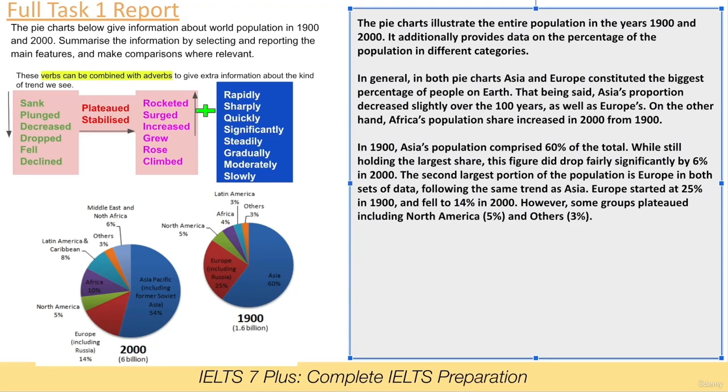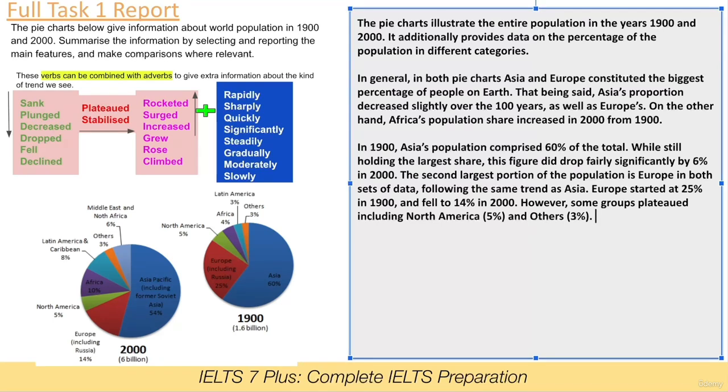Okay, everyone, let's read that back. So, in 1900, Asia's population comprised 60% of the total. While still holding the largest share, this figure did drop fairly significantly by 6% in 2000. The second largest portion of the population is Europe in both sets of data, following the same trend as Asia.